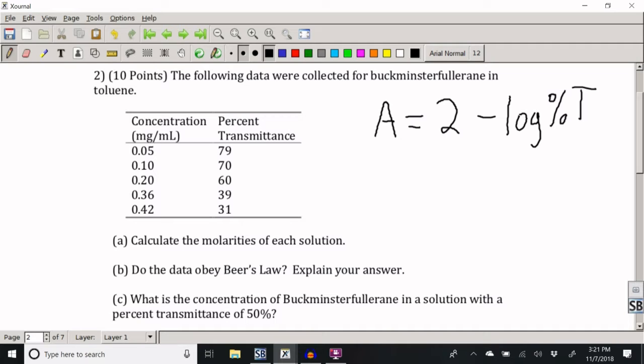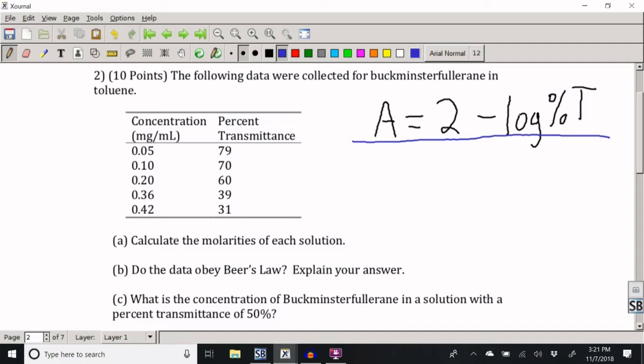Okay, so one of the things that we have to do in this problem is we have to change our percent transmittance values to absorbance. So, for example, if we look at this first one, our solution has a concentration of 0.05 milligrams per liter of our analyte and 79% transmittance.